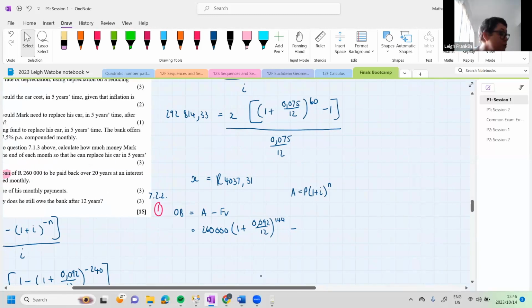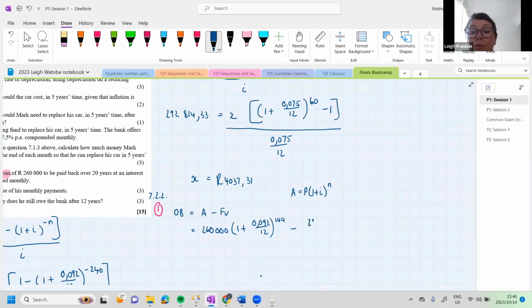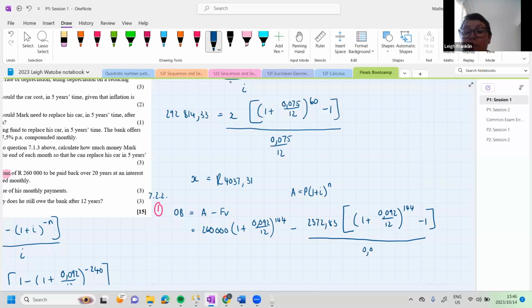So now subbing into future value, we've got 2372.83. And then here we've got 1 plus our interest rate, 0.092 over 12. He's made 144 payments. Sorry, this is also a 4, not a 9. I'll try and write a little bit neater. Minus 1, all over 0.092 over 12.